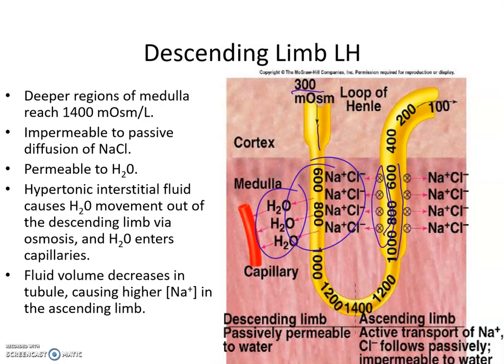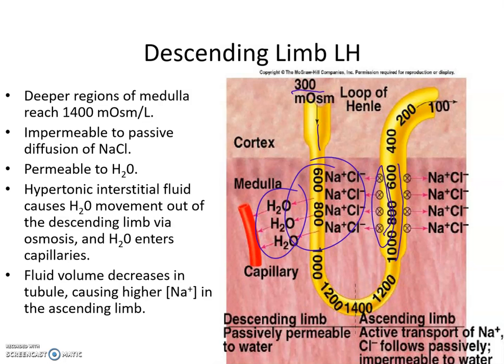These pumps will pump lots and lots of salt out of the ascending limb of Henle's loop. They put the salt surrounding the descending limb of Henle's loop, and now since there's so much salt, the water is drawn out of the descending limb of Henle's loop and is put back into the capillary. This is a great mechanism. It works like a charm, and it reabsorbs massive amounts of salt and water, mostly the water.